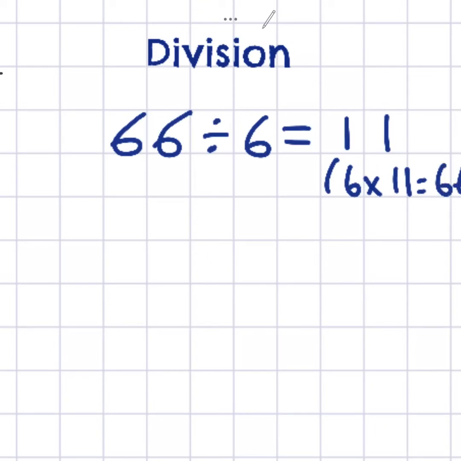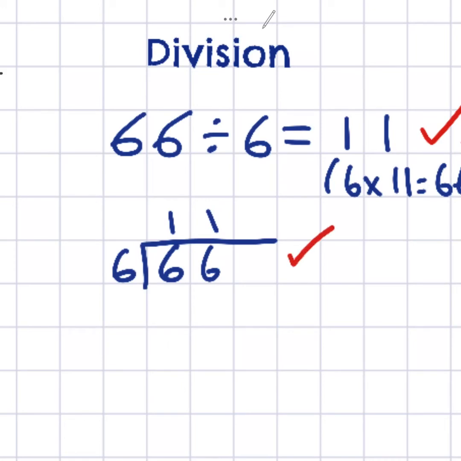So therefore my quotient in this sum would be 11. If I was to write that as a vertical sum, it would look like this. My divisor is 6. My quotient is still 11, but that's written on the top. Of course, I've used my 6 times tables to help me answer that.